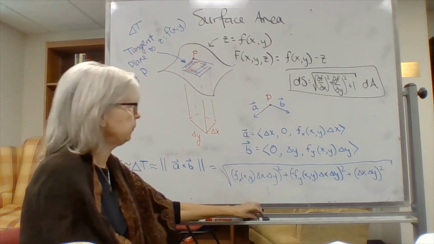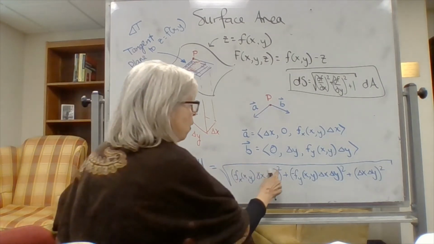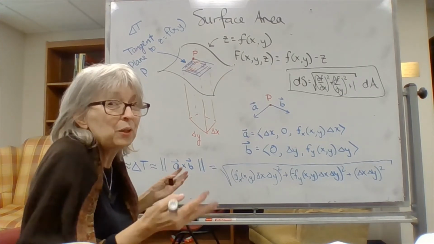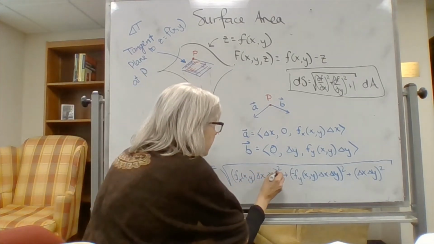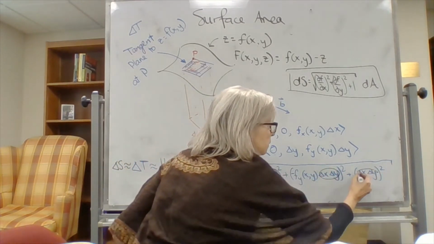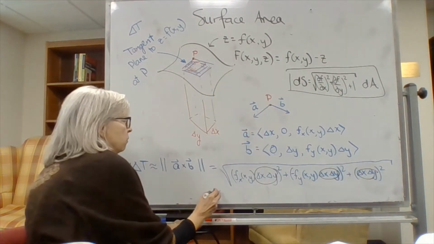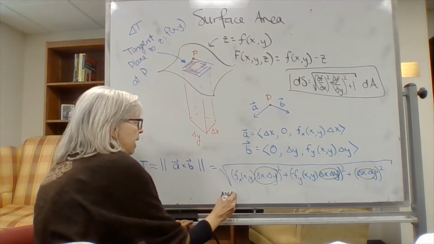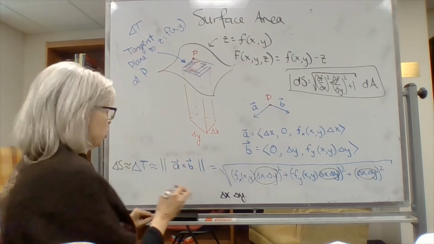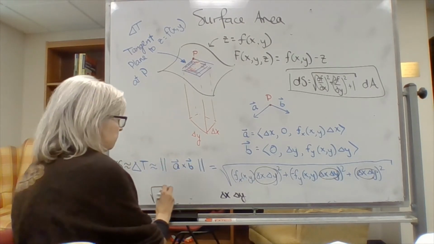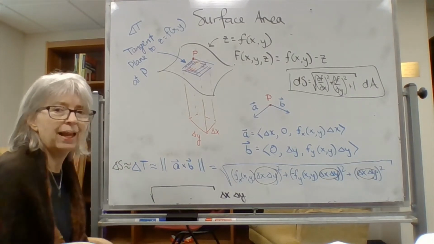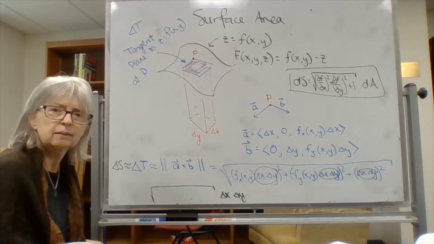Now watch it here. There is a square on everybody. There's plus signs in between things so I don't get to make stuff go away. But everybody's got a delta x, delta y. So if I factor out a delta x and a delta y squared out of the square root, I can, yeah.